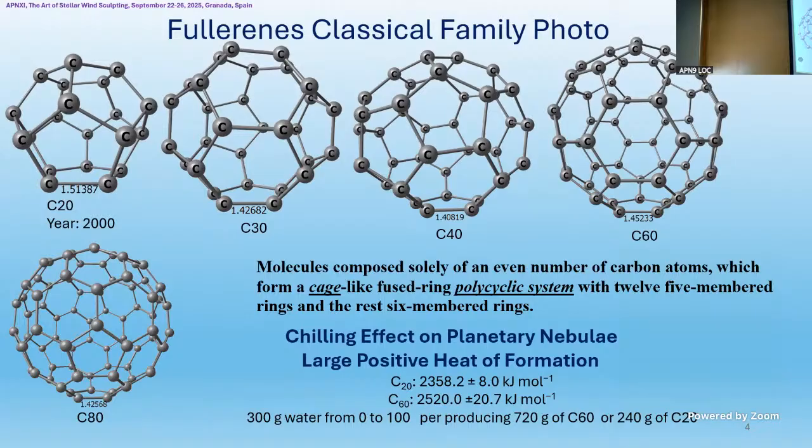They suck out all the energy from the planetary nebulae. Their heats of formation are absolutely mind-bogglingly positive among all the molecules that we know. For example, the formation of 240 grams of C20 in planetary nebulae can equal the evaporation of 30 grams of water. That is the amount of energy that the planetary nebulae can lose.